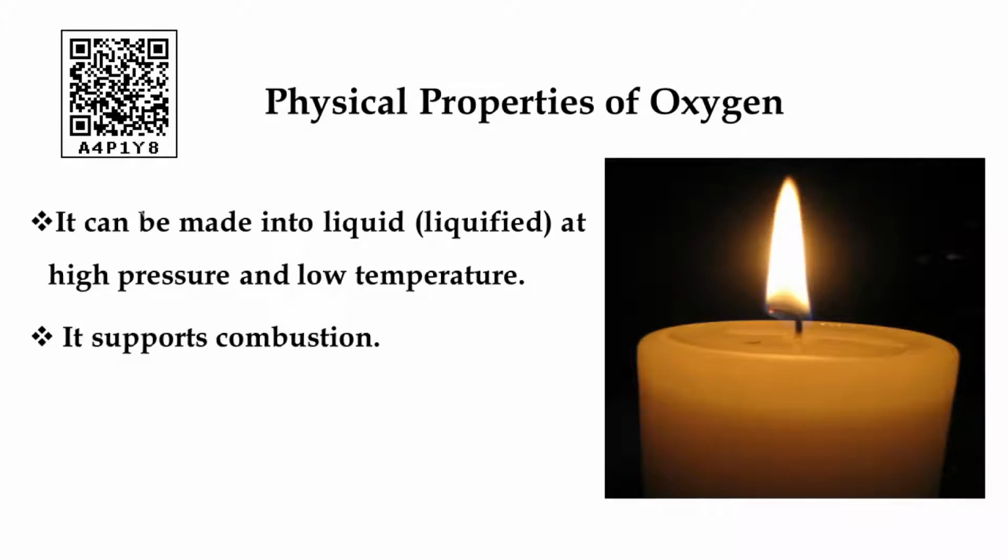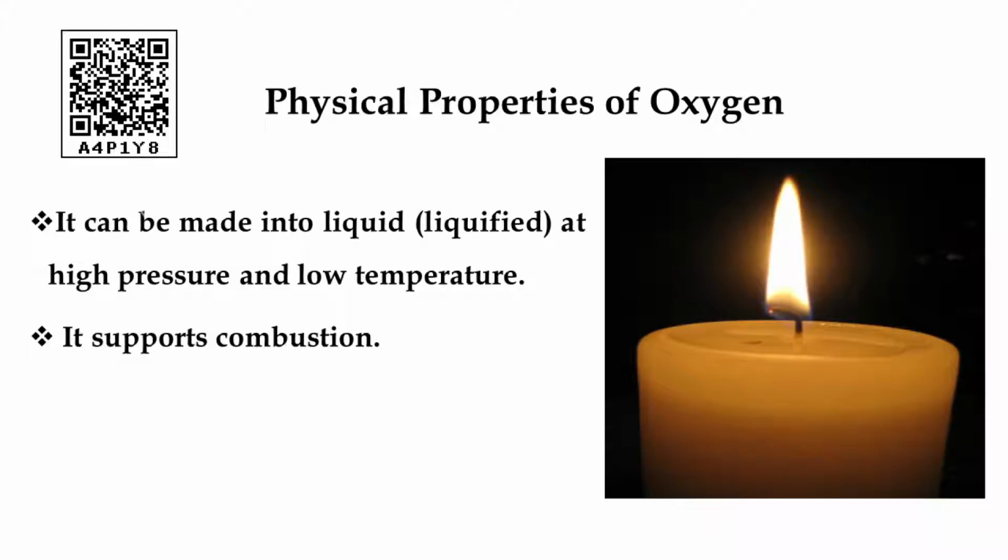Then oxygen can be liquefied, that is, converted into liquid form. That means oxygen gas, by the process of condensation, is converted into a liquid material. The process is known as liquefaction. Why do we want to convert oxygen into a liquid? Because liquid oxygen is used as fuel for rockets.